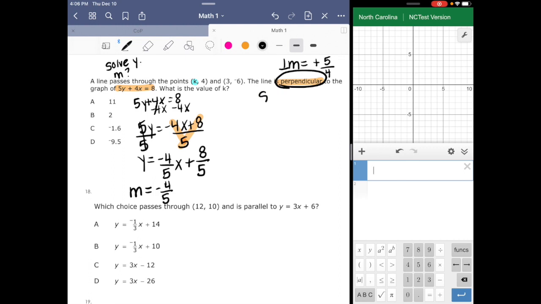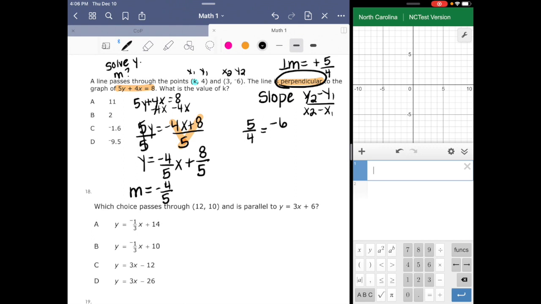Well, if I have 2 points, I can use those 2 points and I can find the slope. So remember, my slope is going to be y2 minus y1 over x2 minus x1. So this is x1, y1, x2, y2. So I know my slope. My slope is 5 over 4.